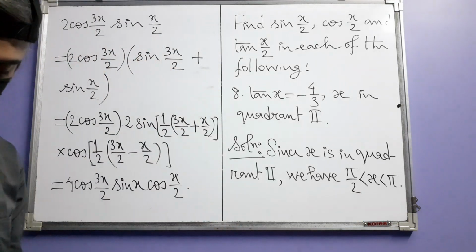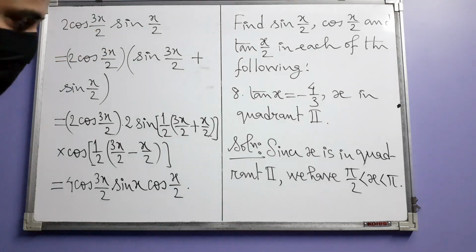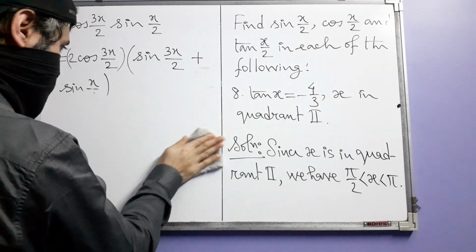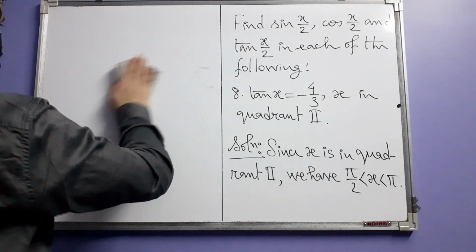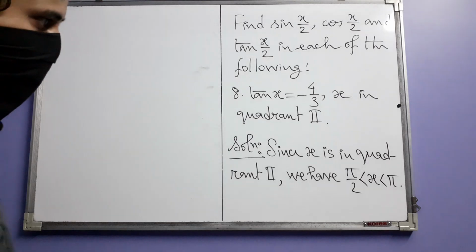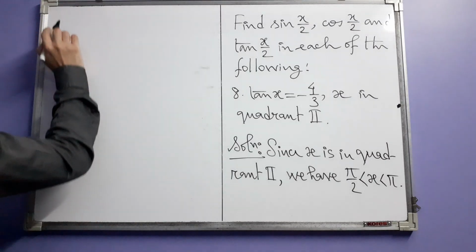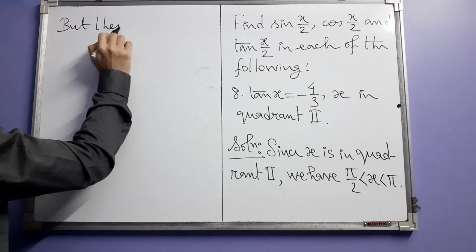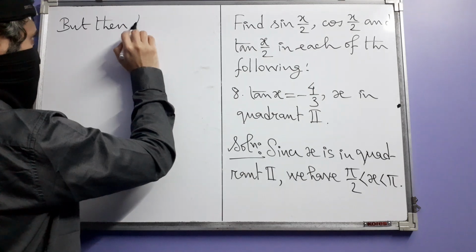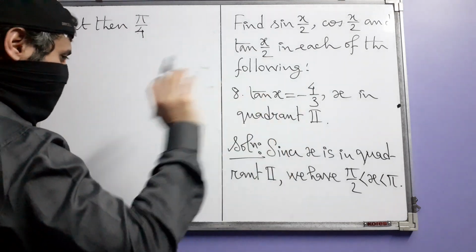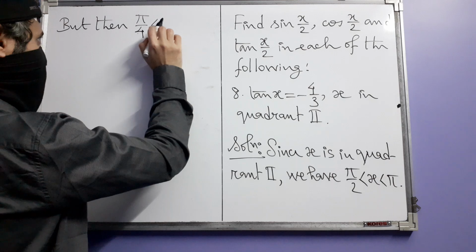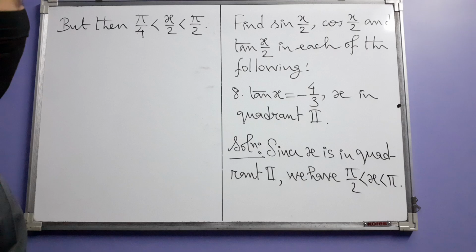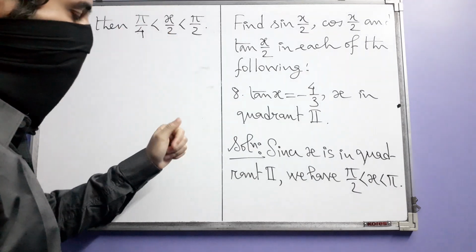But then, what can you say about x divided by 2? For that you divide the inequality throughout by 2. So this clearly shows that x divided by 2 has to lie in the first quadrant.